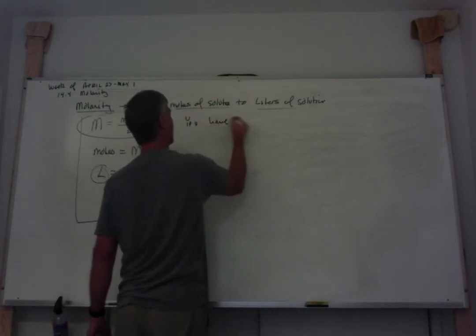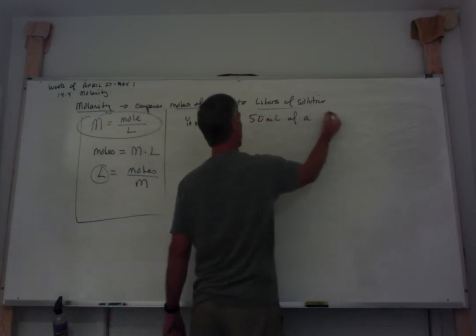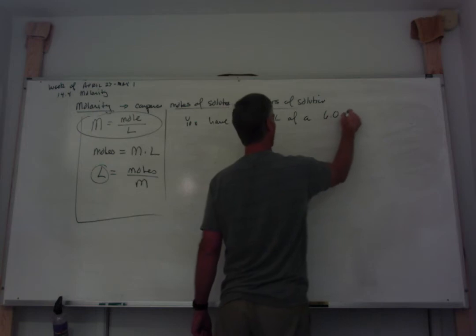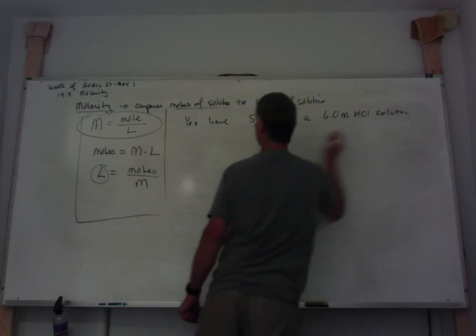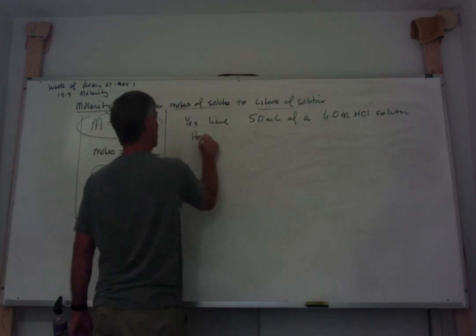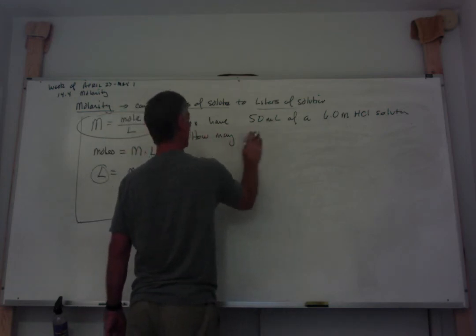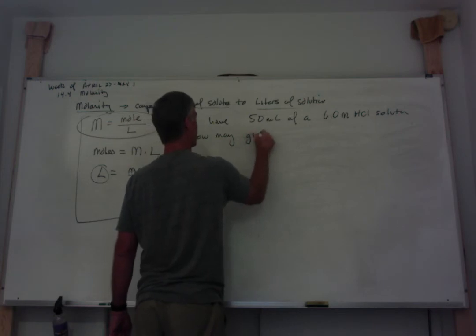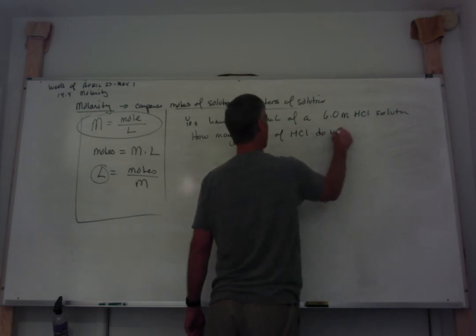You have 50 milliliters of a 6.0 molar HCl solution. How many moles, well no, let's not do moles, how many grams of HCl do you have?